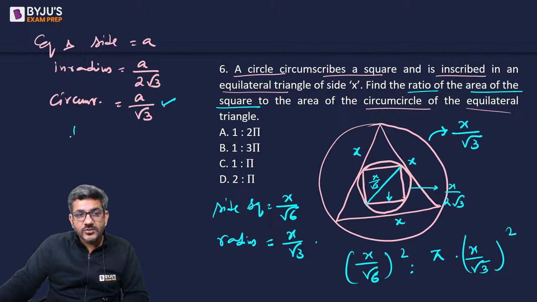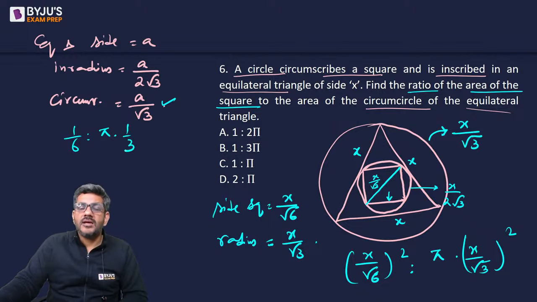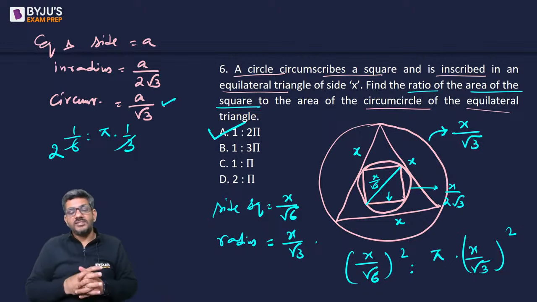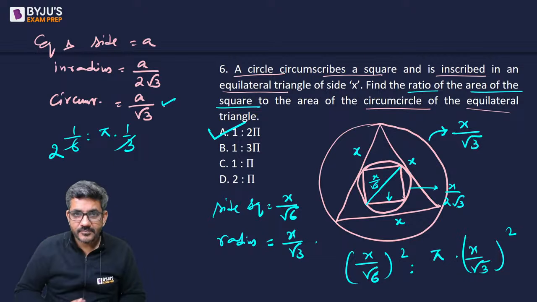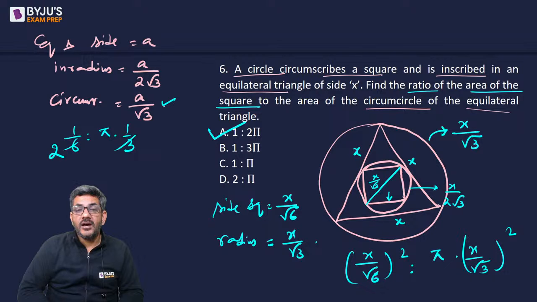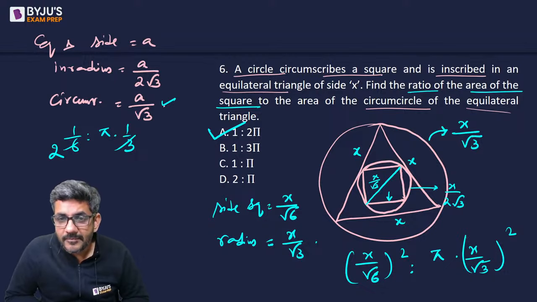So x by root 6 squared is x squared by 6, is to pi into x squared by 3. The x squared cancels out. 3 and 6 cancel to 2, and I get 1 is to 2 pi as the right answer for question number 6. The ratio of the area of the square to the area of the circumcircle is equal to 1 is to 2 pi.